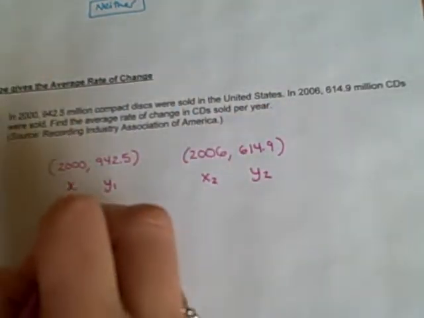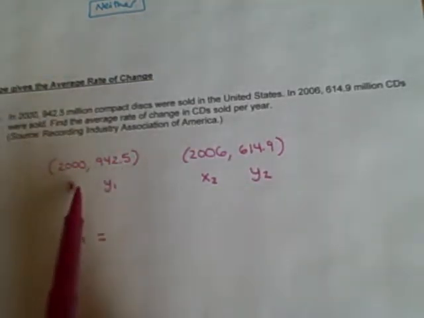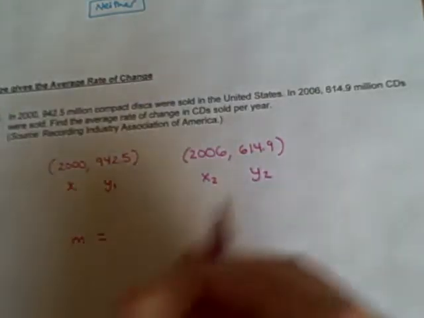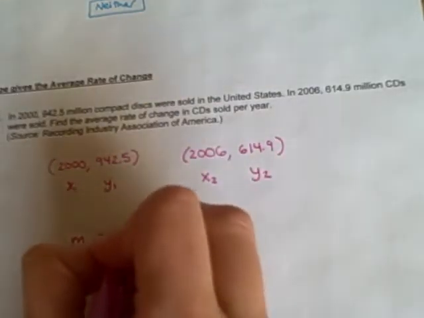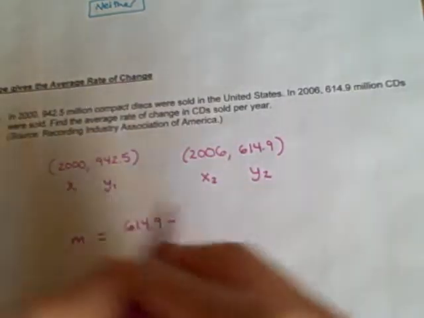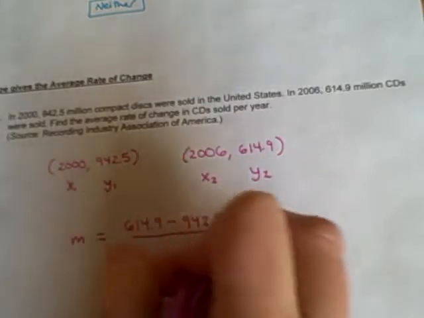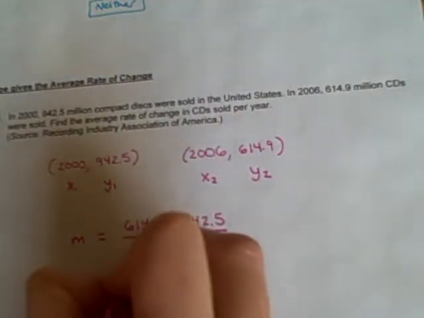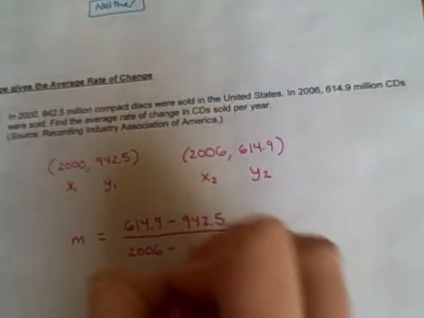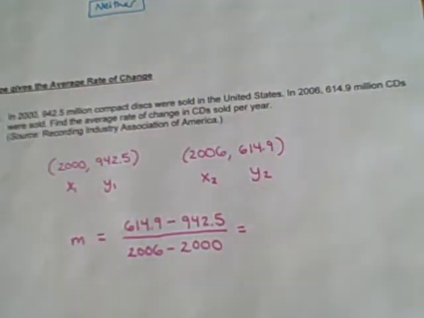So we can use our slope formula to find out the rate of change, how much this is decreasing as we go from 2000 to 2006. So we start with our y2, which is 614.9, minus our y1, 942.5, over x2, 2006, minus 2000, a span of 6 years on the bottom.